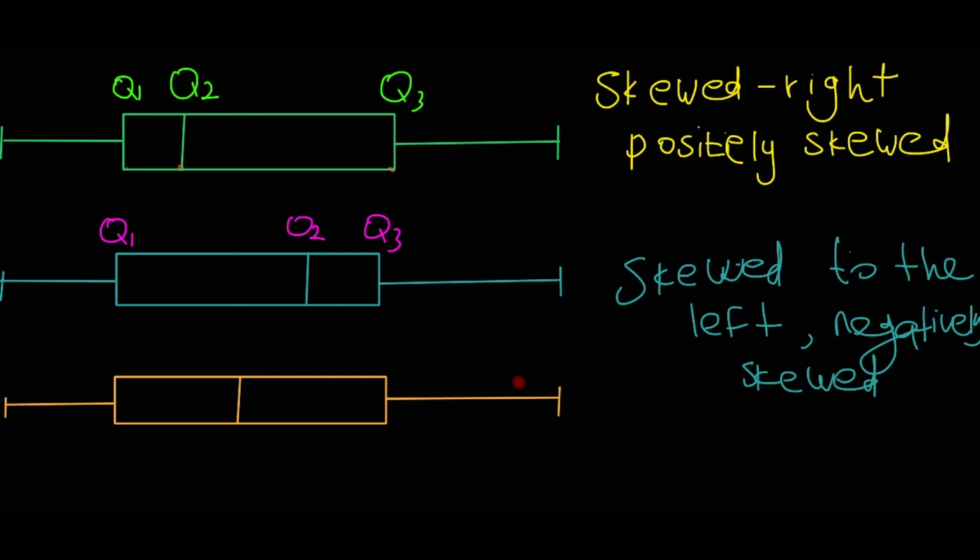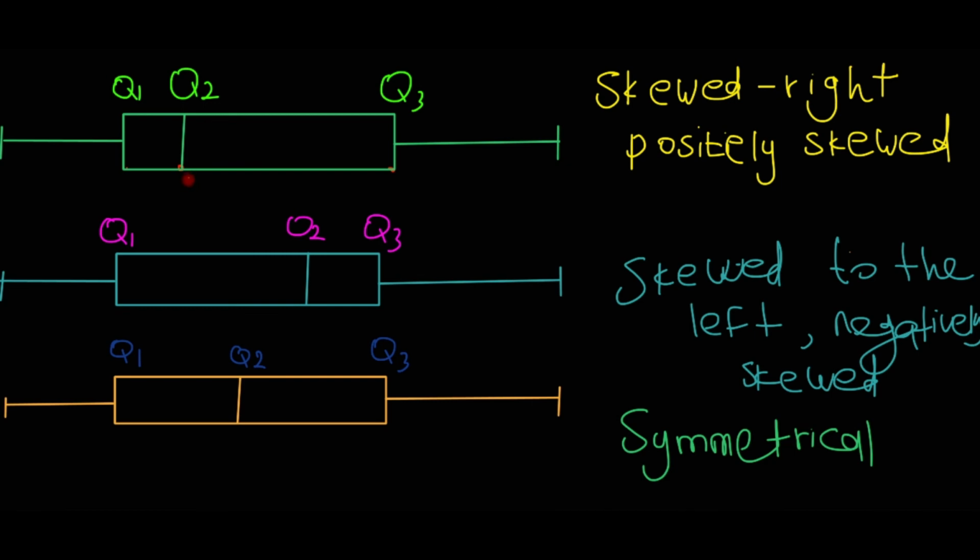And then what about this one? When you look at this one, you can see that your Q2 is in the middle, in the middle of Q1 and Q3. So if it's in the middle, it's symmetrical. So this is very important.